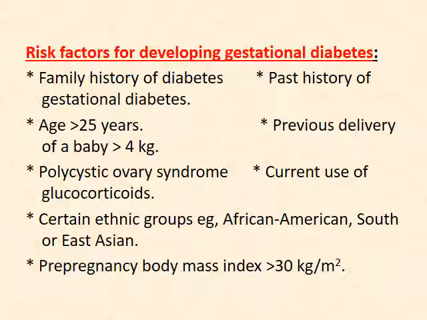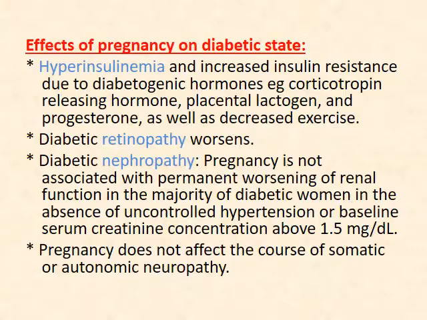Risk factors for developing gestational diabetes: family history of diabetes, previous gestational diabetes, age more than 25, previous delivery of a macrosomic baby more than 4 kilograms, polycystic ovary syndrome, current use of glucocorticoids, certain ethnicity, African American or South or East Asian, and body mass index before pregnancy greater than 30.